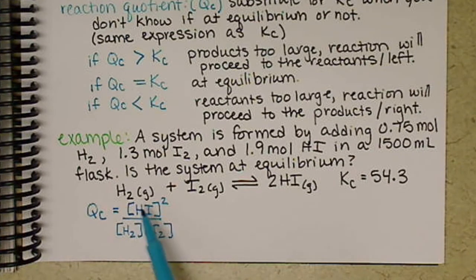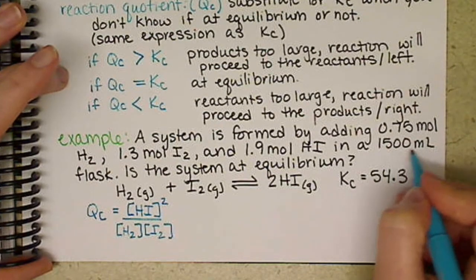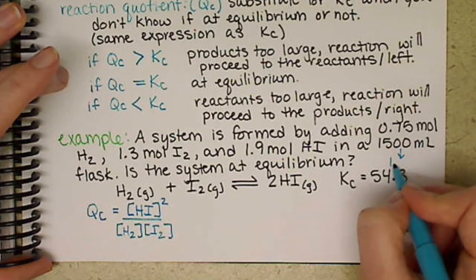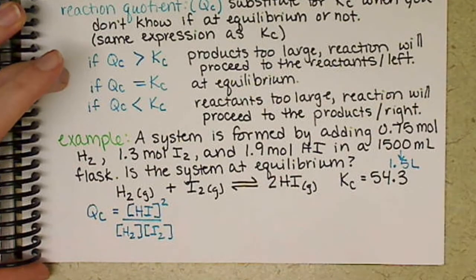Remember, the square brackets mean molarity, so we need moles per liter. My 1500 milliliters is 1.5 liters.